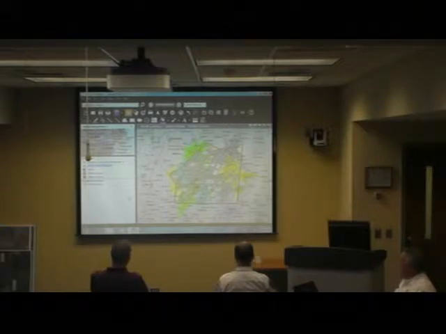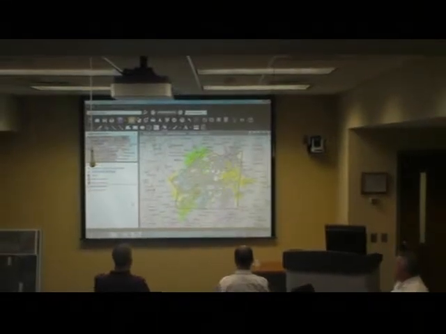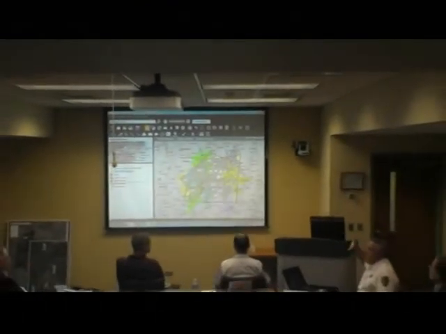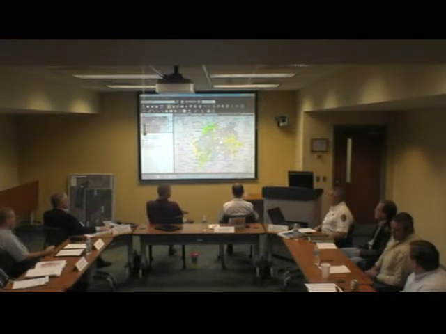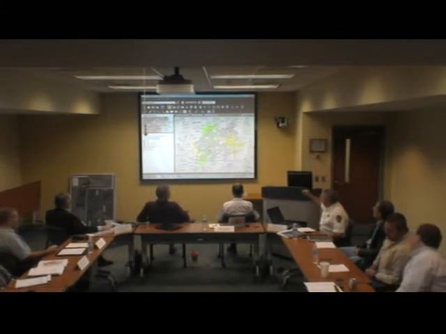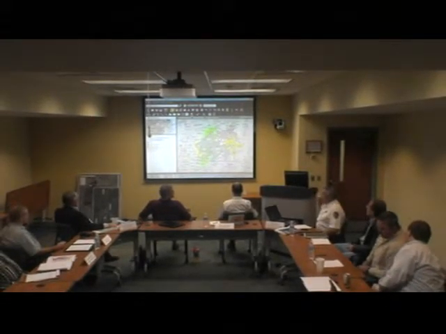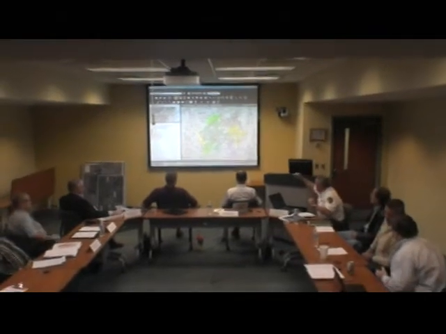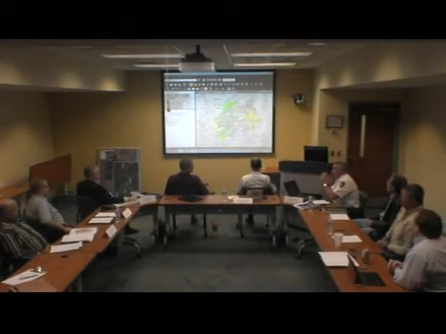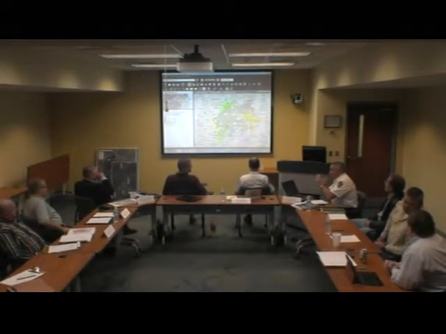You don't have one up, 13 minutes up in New Salem. Is that the same thing? All of it's 13. Everything you see on here is a 13-minute drive time, with the exception of the beige colors in the corner. That represents where we're not able to respond in that area from those locations in 12 minutes and 59 seconds.